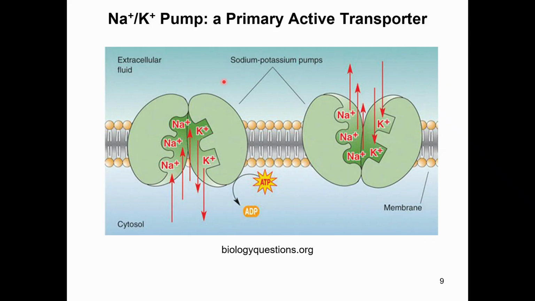It uses ATP, and typically these are going in opposite directions. Every time 3 sodium ions are excluded from the cell, 2 potassiums come in. So we've already kind of seen that, but technically it's a transporter and it's energy dependent.